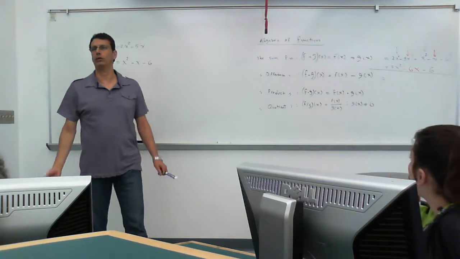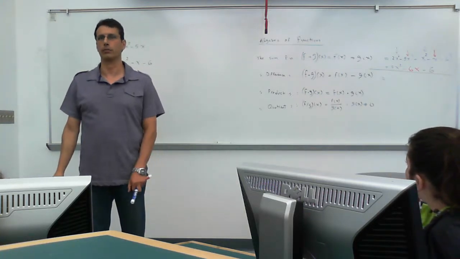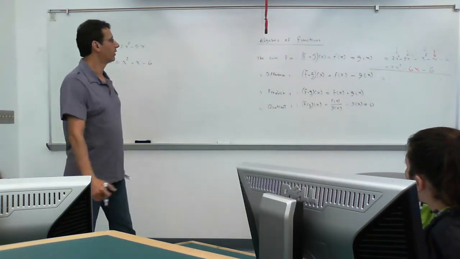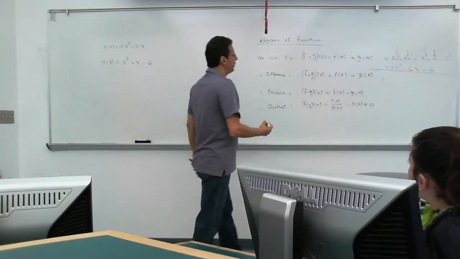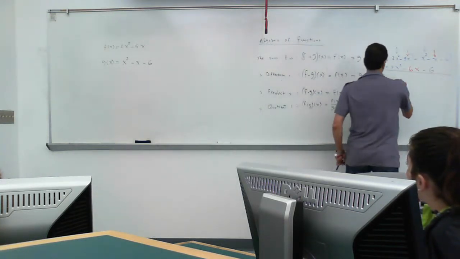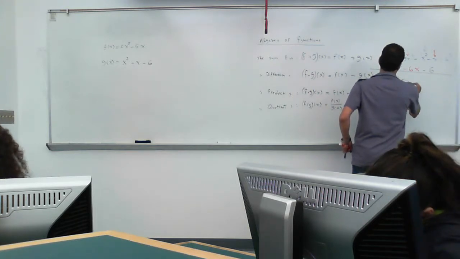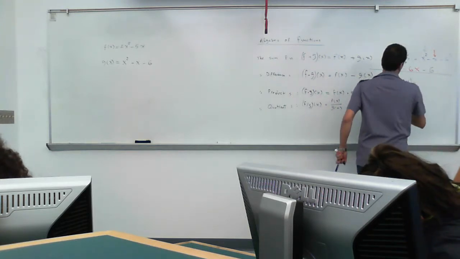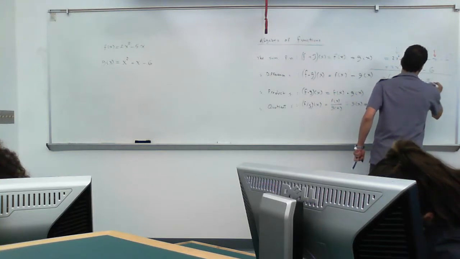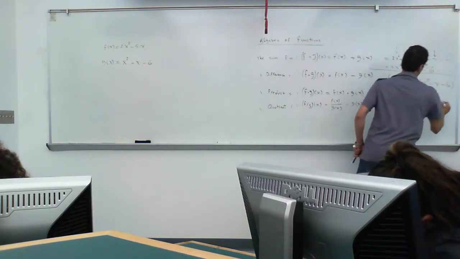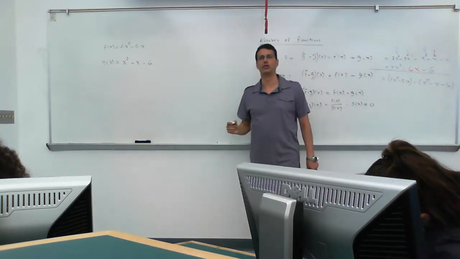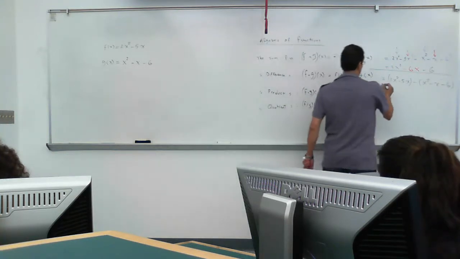Now the second one, f minus g, is the same thing, but you put a negative in between, which will distribute and change the signs.